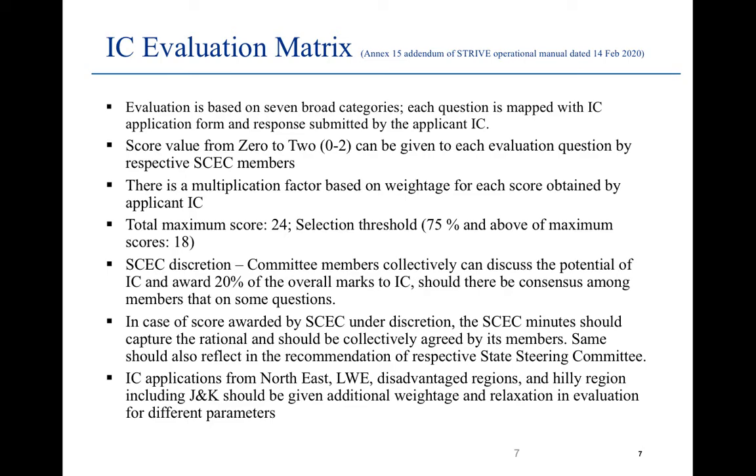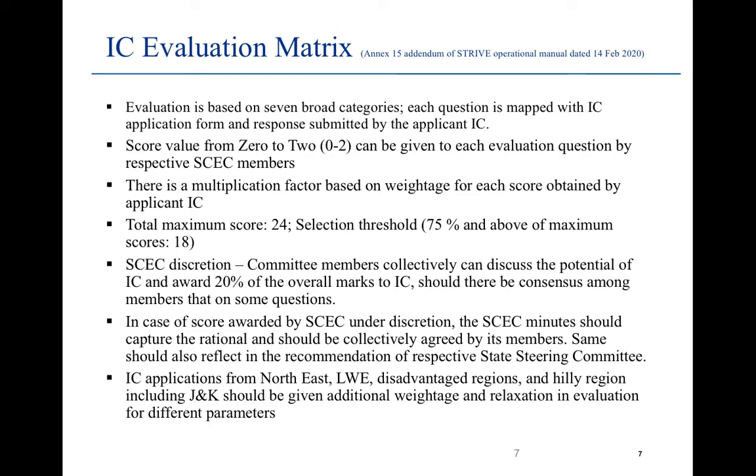Each evaluation category can be given a score from 0 to 2. And then there is also a multiplication factor based on the weightage value of a question. Not each question carries the same weightage. Depending upon their importance and value, different weightage points are given to different questions. So there is the multiplication. And the total maximum marks for the IC application form is 24.